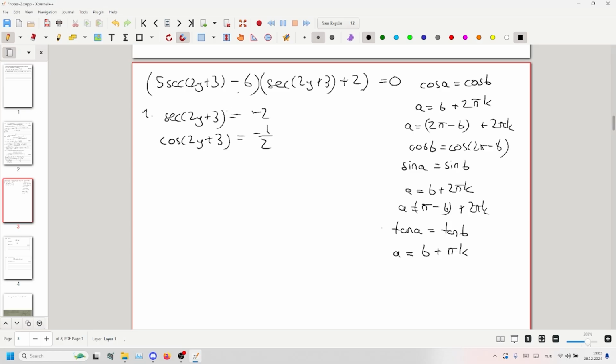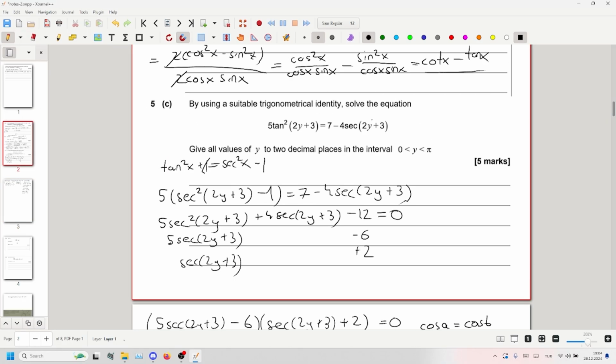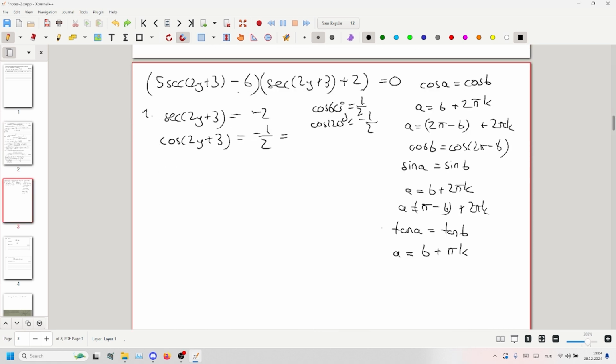Okay. So here, we need to know what value of cosine is -1/2. Cosine of 60 is 1/2, so cosine of 120 would be -1/2. Now, it gives us the interval in terms of radians, so we should find this in terms of radians.